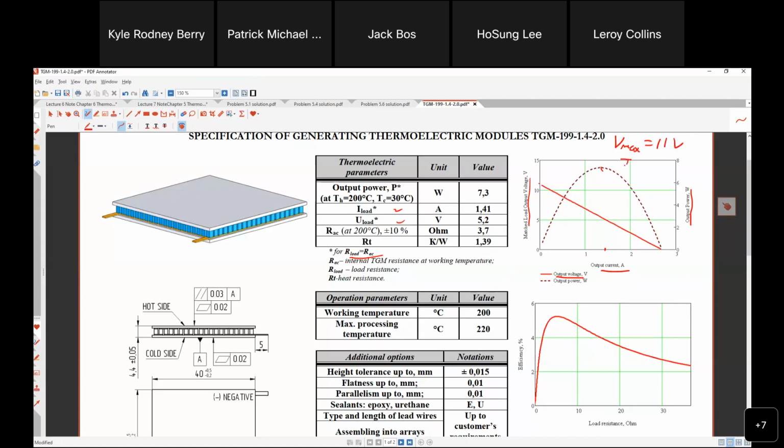How about the maximum current? Anyone smart? What is the maximum current? Like 1.3. No, that is the maximum power current, not the maximum current output.